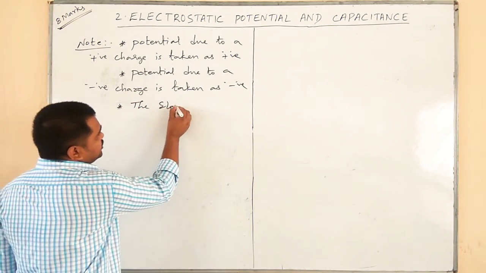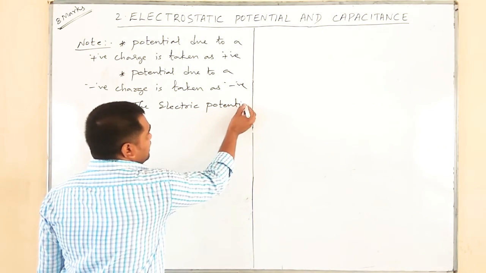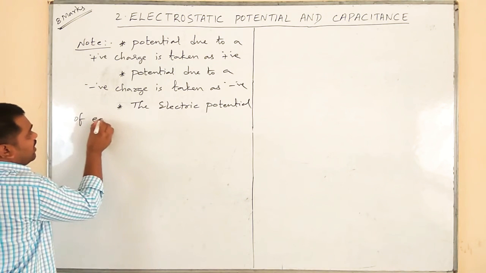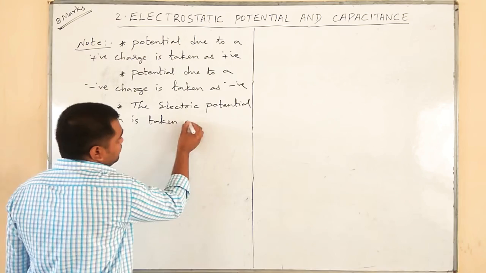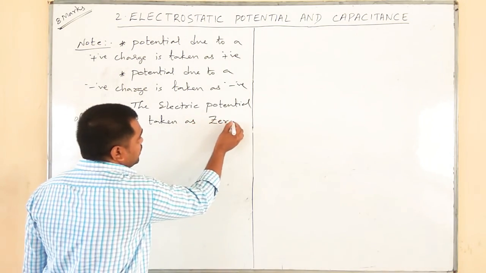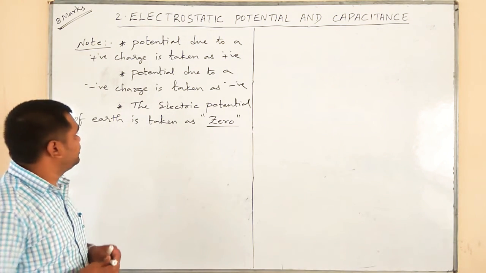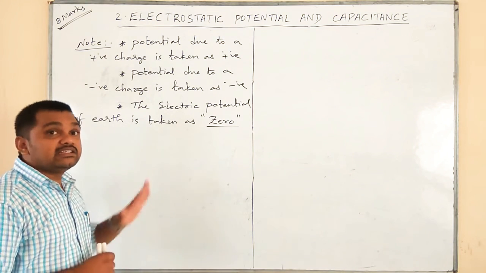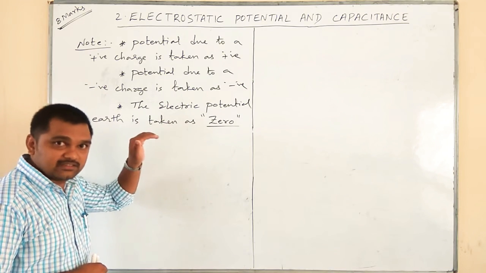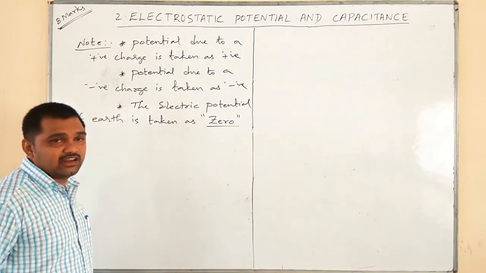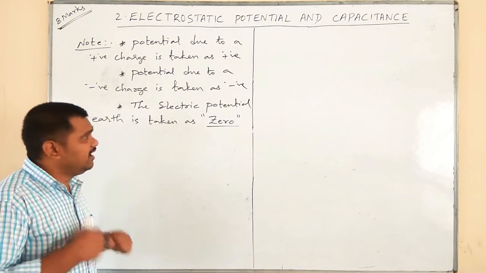Similarly, I would like to give you one more point. The electric potential of Earth is taken as 0. Please remember, the electric potential of Earth is taken as 0 volt. Earthing, grounding makes what? Zero potential. Why, sir? Why is the electric potential of Earth taken as 0?